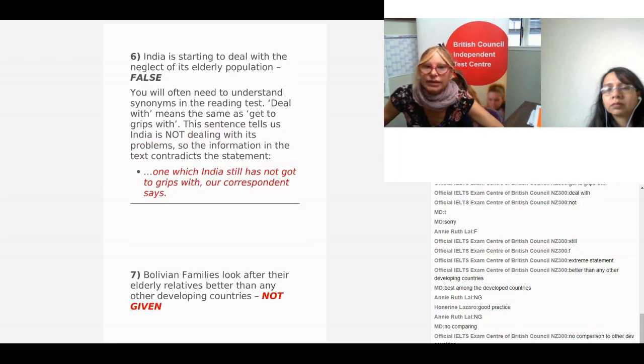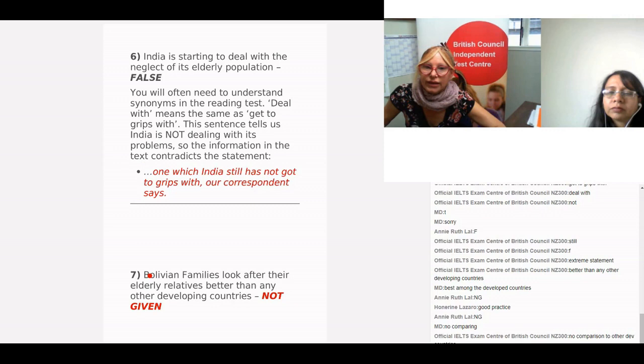Okay. All right. And here's our answer for number 6. India is starting to deal with the neglect of its elderly population. False. You often need to understand synonyms in the reading test. "Deal with" means the same as "get to grips with." The sentence tells us India is not dealing with its problems, so the information in the text contradicts the statement.